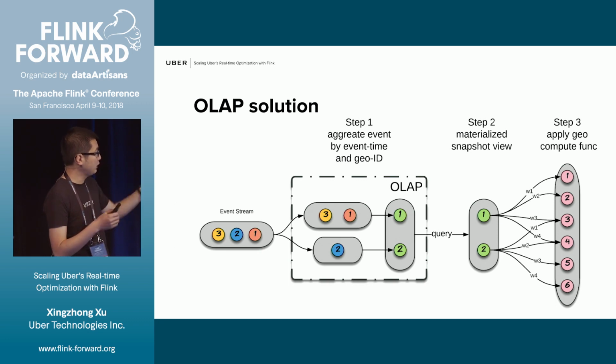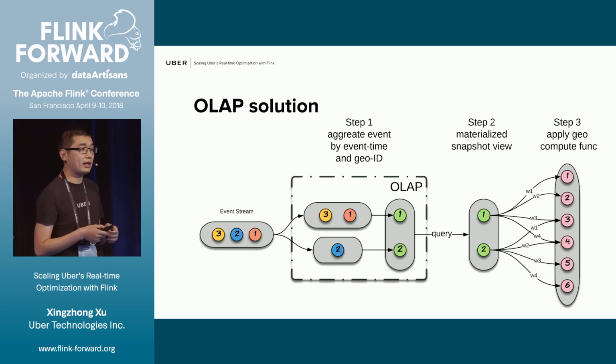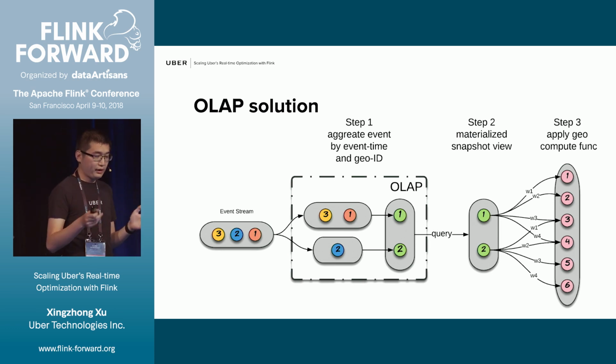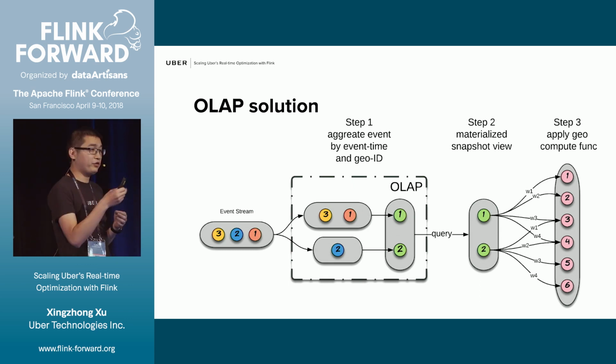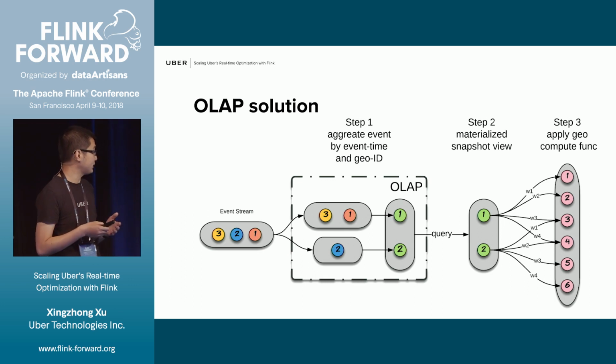The first block we draw here is a simplified OLAP system. It can be very complicated, but essentially it does one thing. It shards your events by event time bucket and by geolocation ID. Then for each key, you do aggregation, probably with some database. And once you have this database, it's ready for your queries.